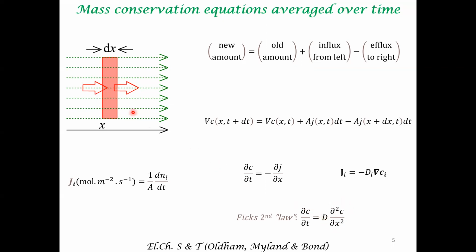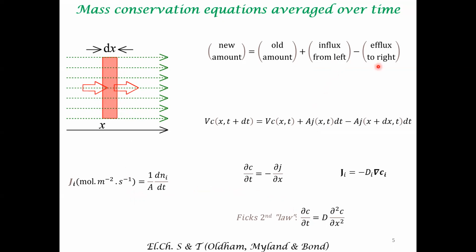So here, what we have considered is a planar surface wherein the cross-sectional area is not changed. Even though concentration changes with time, that is mainly due to differences in influx and outflux of material.